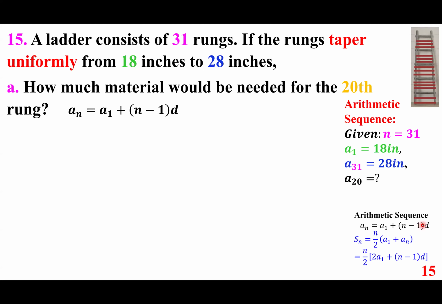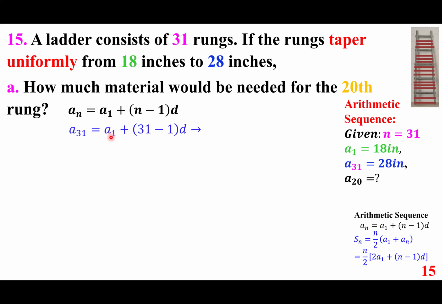And the fact that A sub 31 and A sub 1 are known, we can find D. A sub 31 is A sub 1 plus N minus 1 times D, okay? So A sub 31 is A sub 1 plus 31 minus 1 times D. A sub 31 is 28.